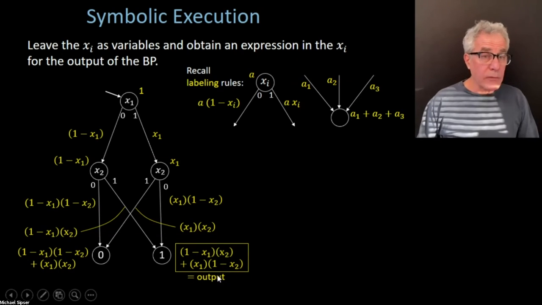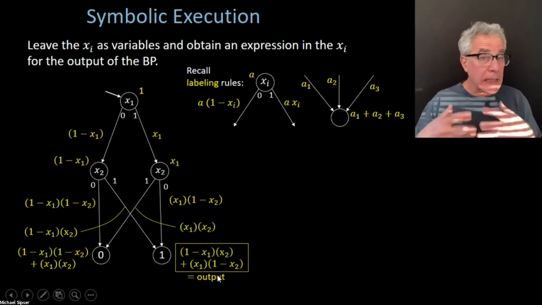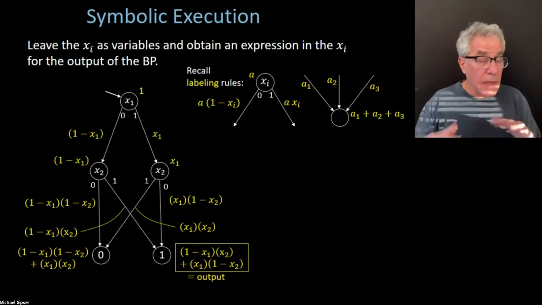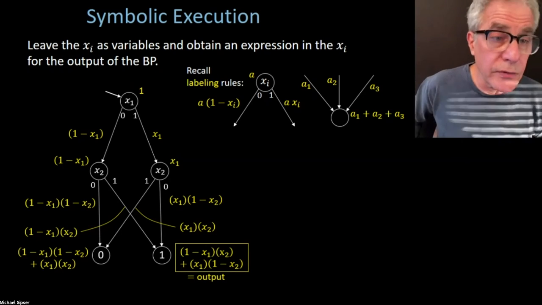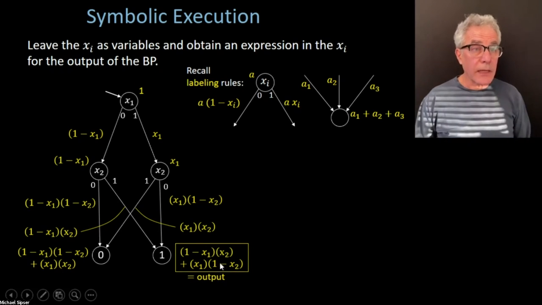And that's the output, now expressed symbolically. Now you could plug things in and you're going to get the same value out as you did before. But let's leave it as a polynomial for now, because that's going to help us analyze this.